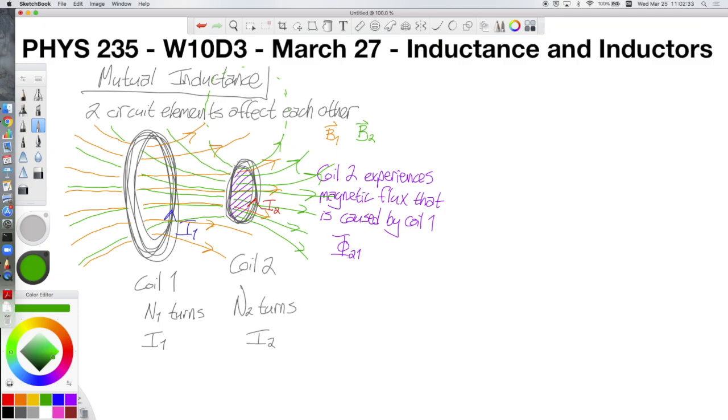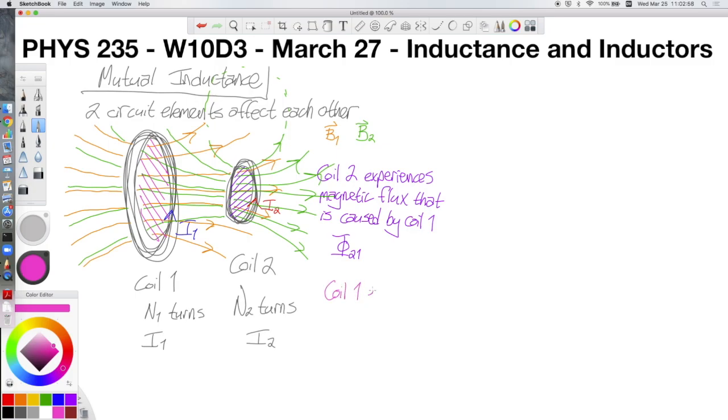So current 2 in coil 2 causes magnetic field 2, the one in green. Some of that magnetic field caused by coil 2 is passing through coil 1, which I'll draw in pink.